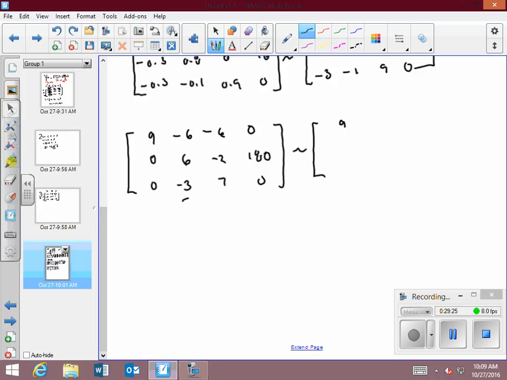So 9, minus 6, minus 6, and 0. 0, 6, minus 2, and 180. Then I'm going to take half of the second row, and that'll make this 0. Half of the second is a minus 1, so this is 6. Half of the second is 90.